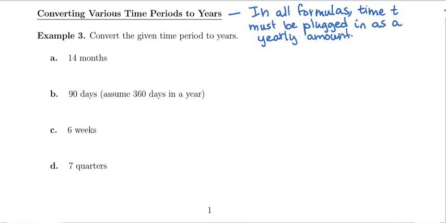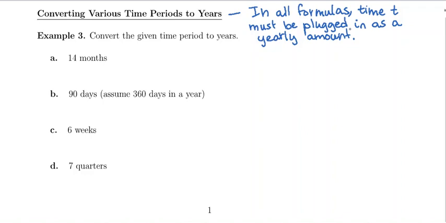There are lots of different ways to talk about time. It doesn't have to be presented in just years. The time may be given in months, days, weeks, quarters, or even as a combination, maybe so many years and so many months together. Whatever you're presented with, you have to be able to convert that time period to a yearly number.